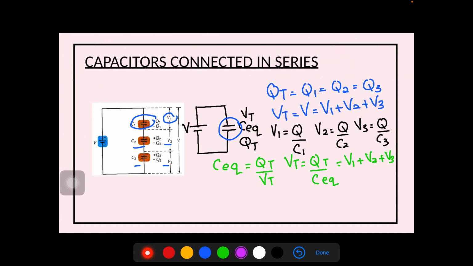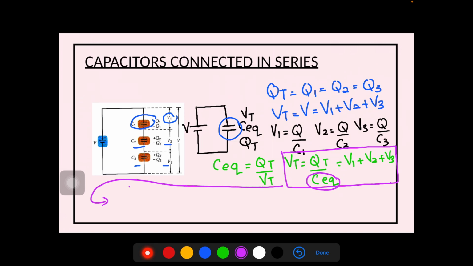By using this, we can determine the value of C equivalent, where Q total over C equivalent equals Q over C1 plus Q over C2 plus Q over C3.